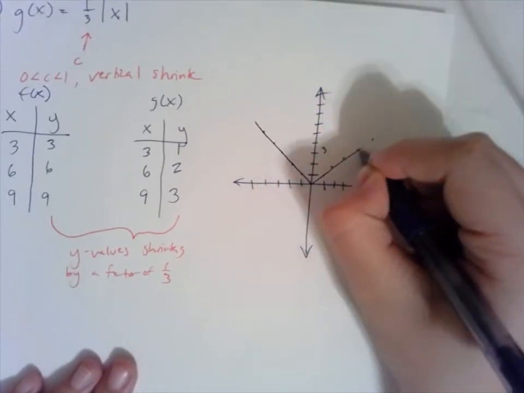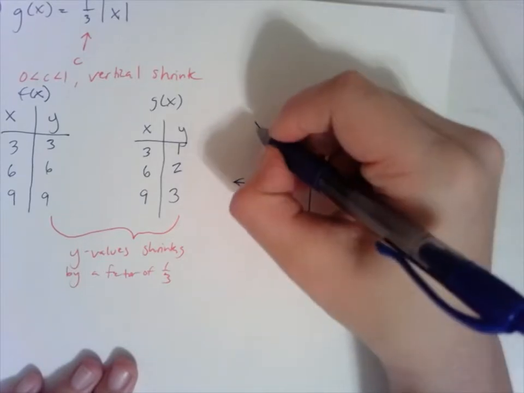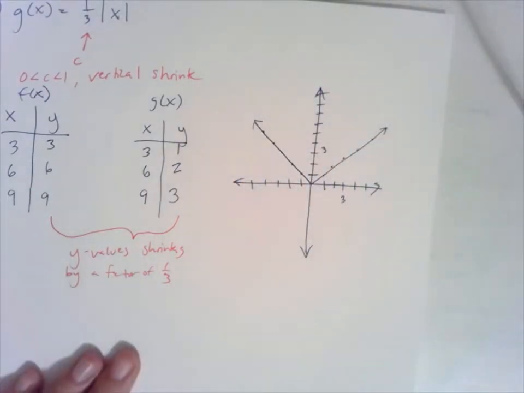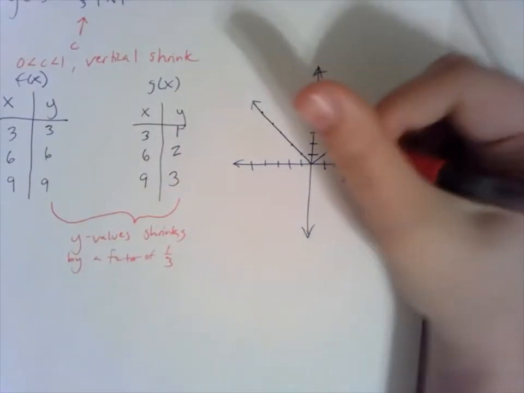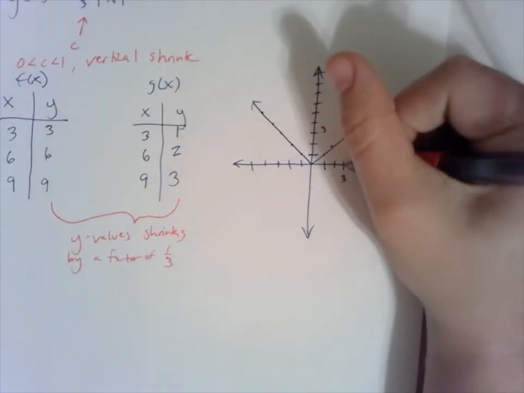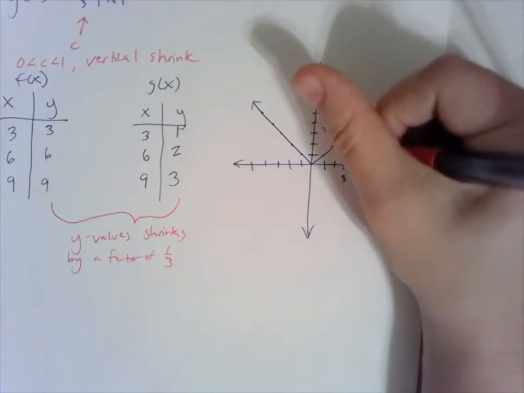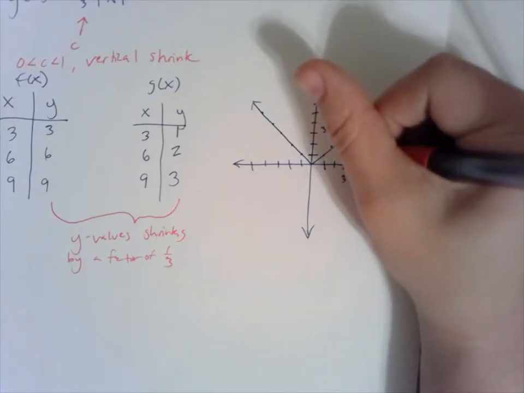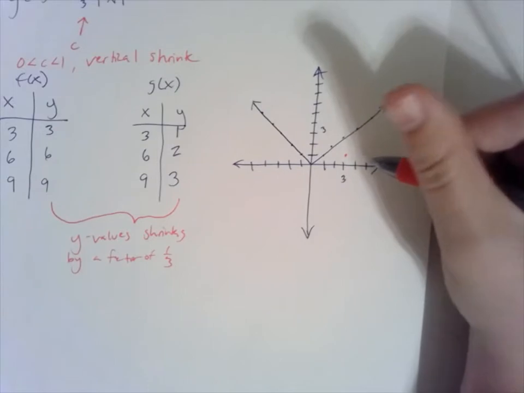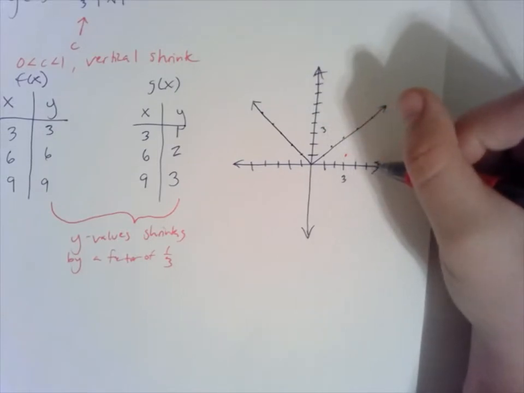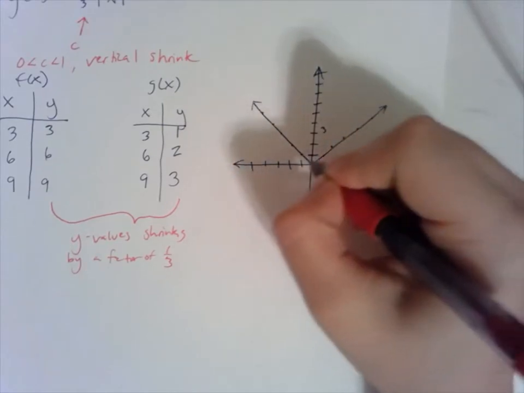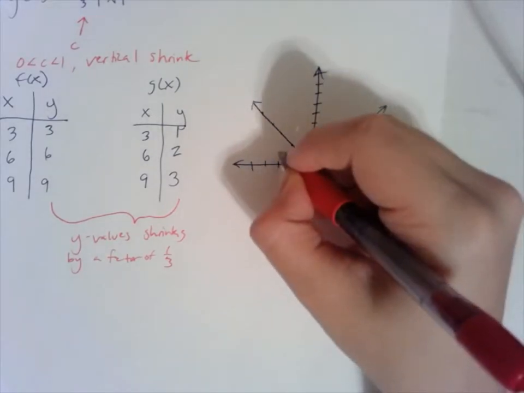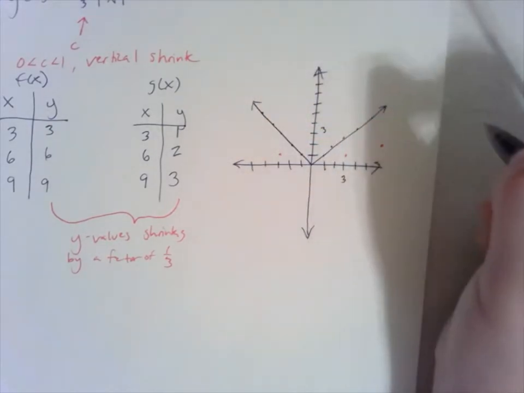But our h of x, or pardon me, our g of x now, like we talked about, is different. Now, when x equals 3, we don't have 3, we actually have 1. Now, when x equals 6, all the way out here at 6, we have a y value of 2. And vice versa, because I can reflect this over the y-axis. And out here at 6, I have a y value again of 2.